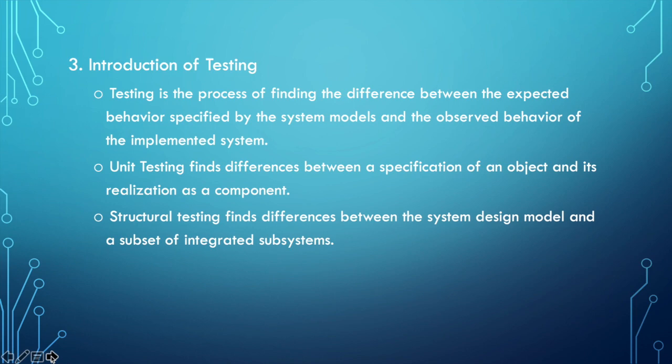Now, unit testing finds differences between the specification of an object and its realization as a component. So unit testing goes to the lowest component of software, the lowest level, as small as an object or even a program segment. You specify the segment of code to produce output, and you unit test it to make sure it actually produces the output you expect.